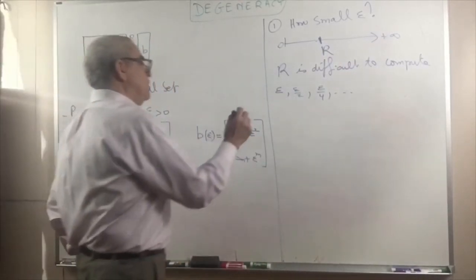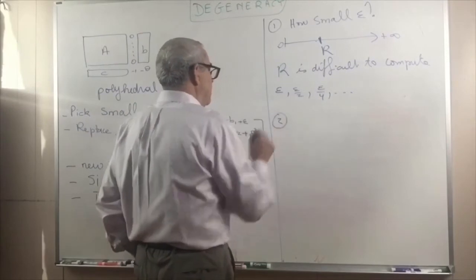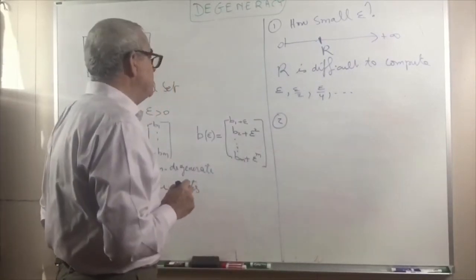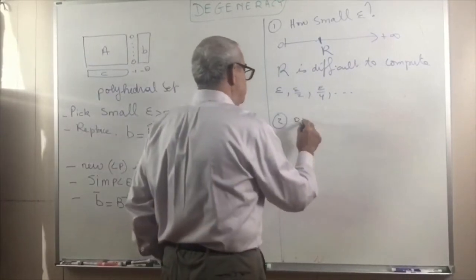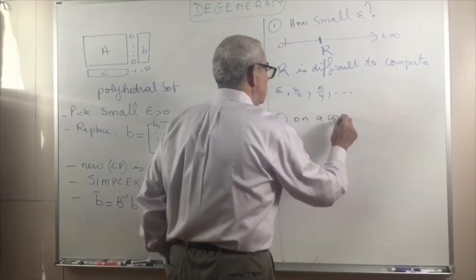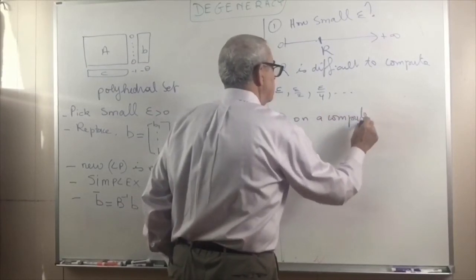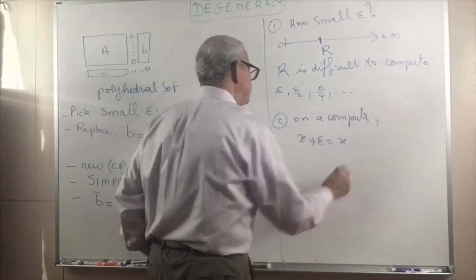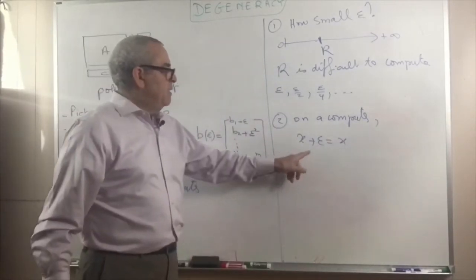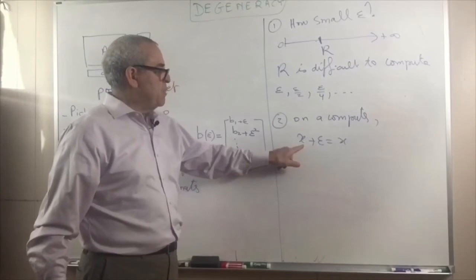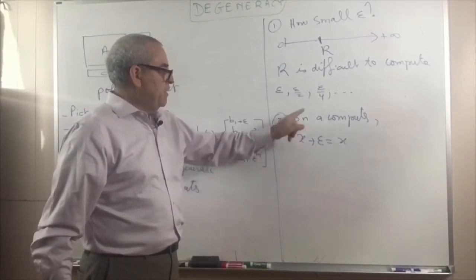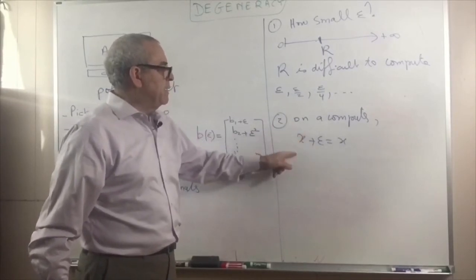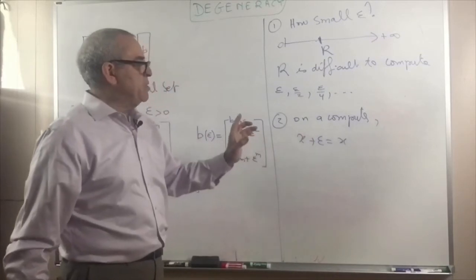But the second issue is really the one that we cannot overcome: on a computer, x plus epsilon is equal to x if epsilon is much smaller than x, because the computer only carries a finite number of significant digits.